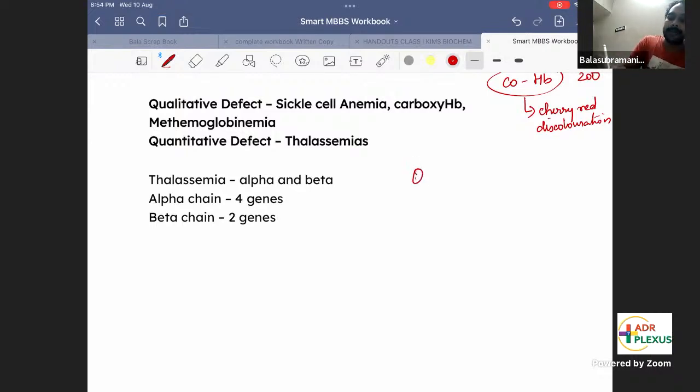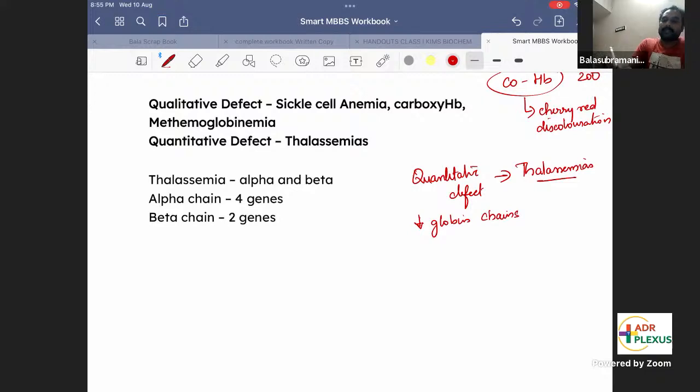The quantitative defect is called thalassemias. So where is the quantitative defect? Decreased globin chains.